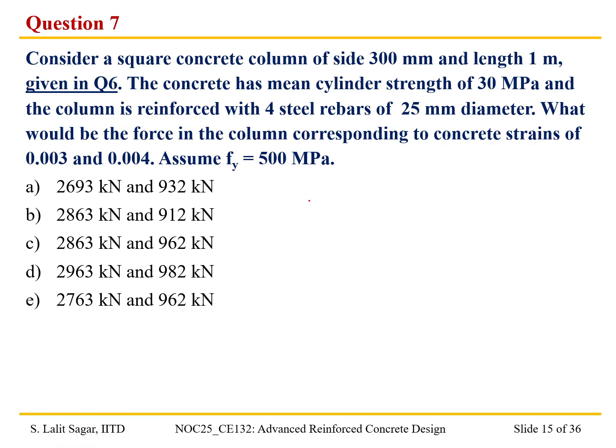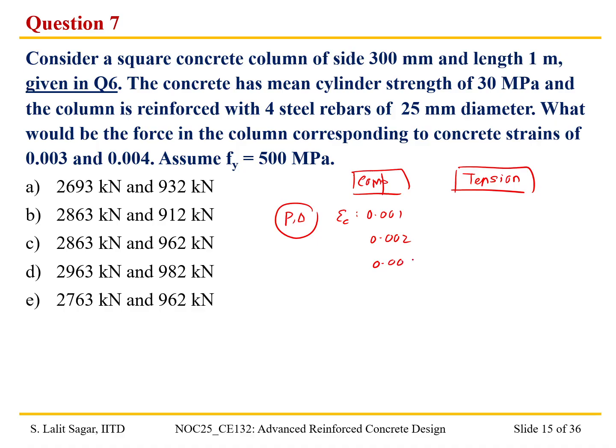So in order to develop the force deformation curve, we need to capture the behavior of the column under compression and the tension, right? In compression, we are finding out what would be the force, that is P, and the deformation values corresponding to epsilon c is equal to 0.001, 0.002, 0.003, and 0.004.